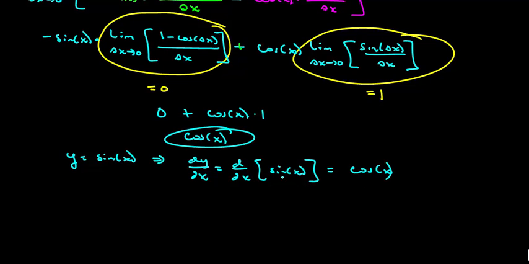So the derivative of sine is cosine. It's pretty slick how that works. It's quite interesting. So let's do one more.